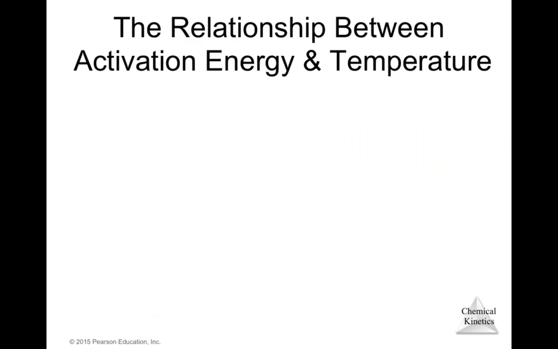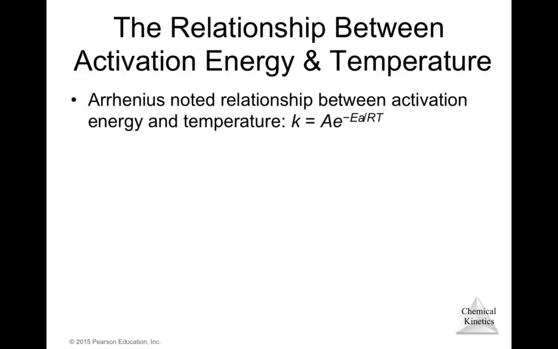The relationship between activation energy and temperature. Arrhenius noted the relationship between the activation energy and the temperature, and he established this equation: k equals A e to the minus Ea over RT, where k is the rate constant, Ea is the activation energy, R is the gas constant, and T is the absolute temperature.